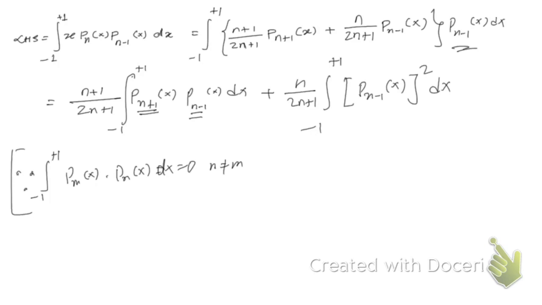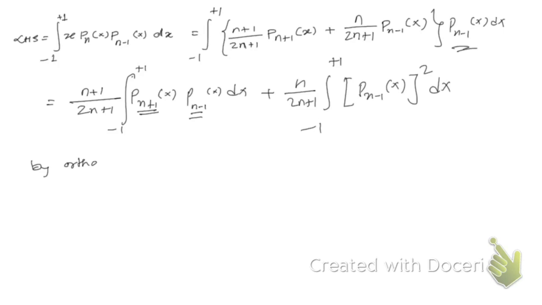So since this is equal to 0, let me write this way, by orthogonality of Legendre polynomial P(x), what we're going to have, integration from -1 to +1, this part is going to be equal to 0.